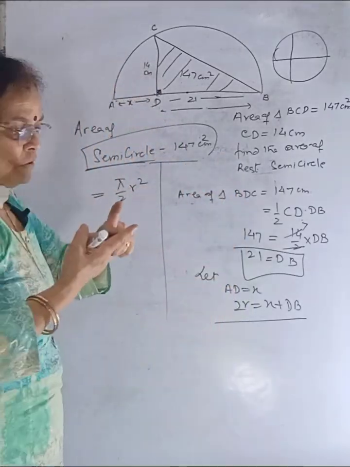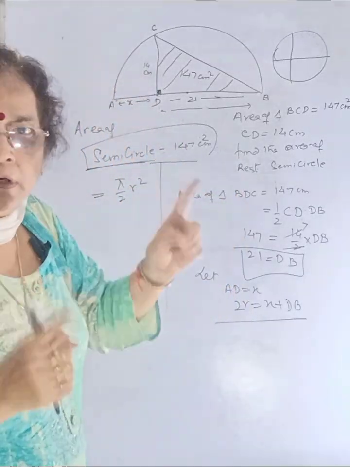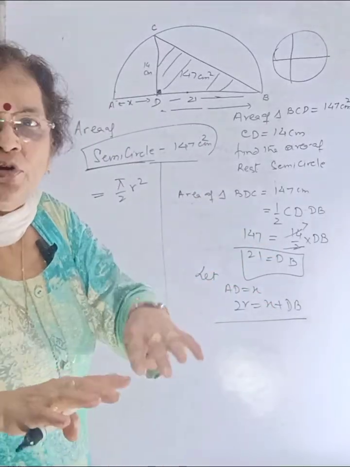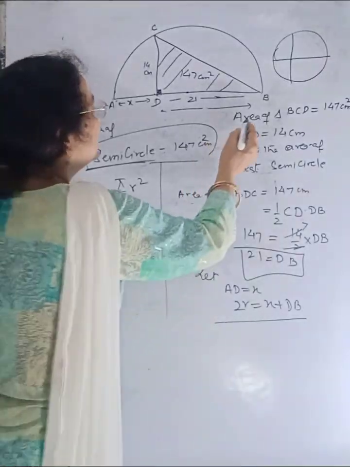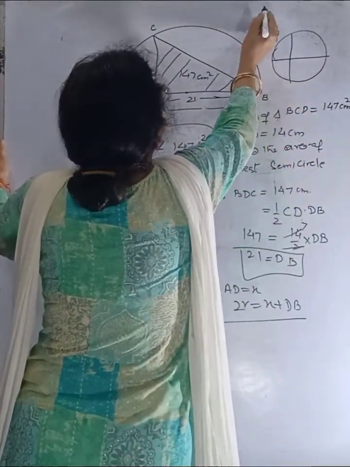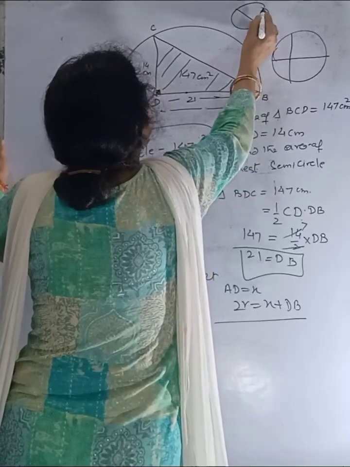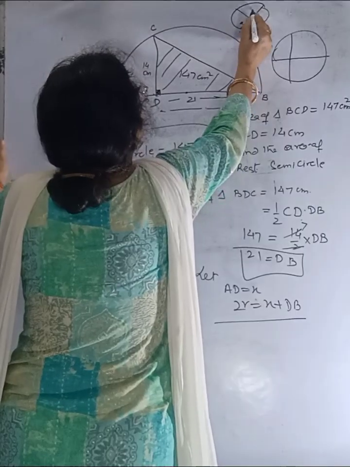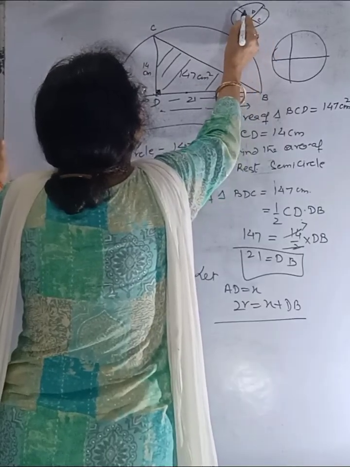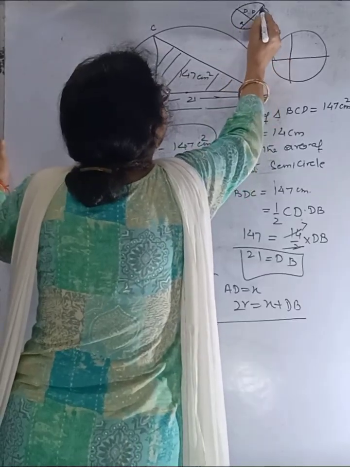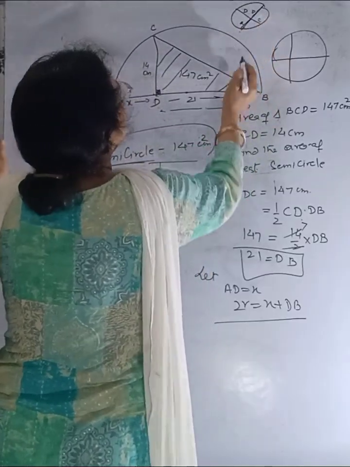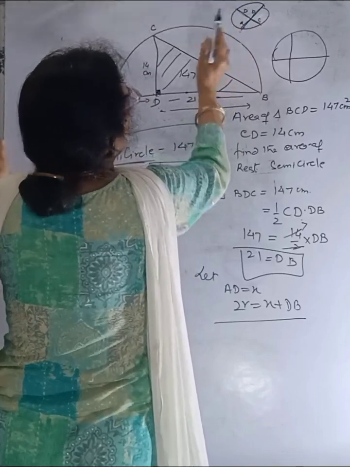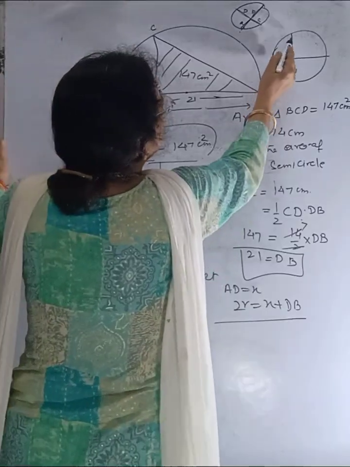Whenever two chords cross each other inside a circle, the products of the segments of the chords are always equal. If this is a circle, two chords intersect each other in this way. This is A and B, and this is C and D. Then B into A will be equal to D into C. Same is the condition over here.